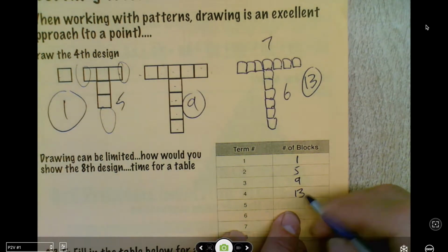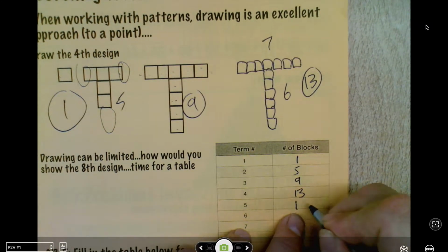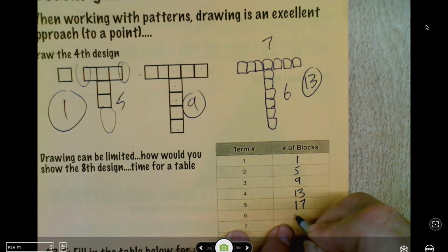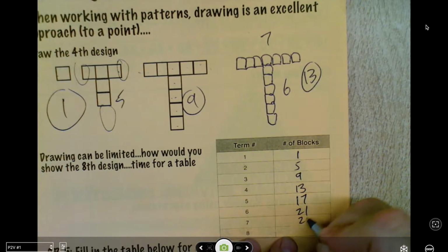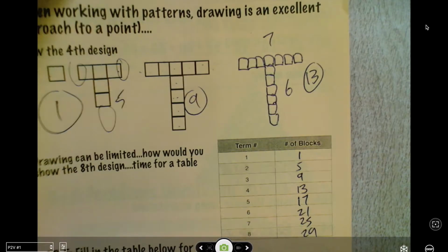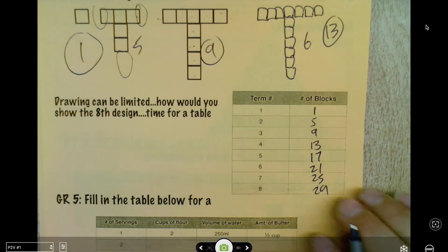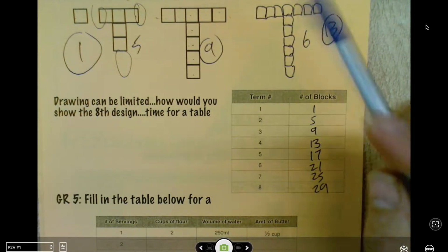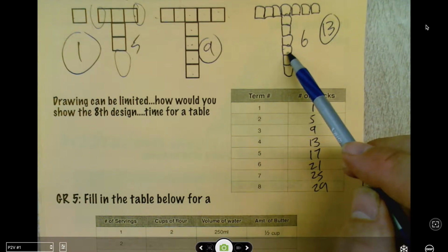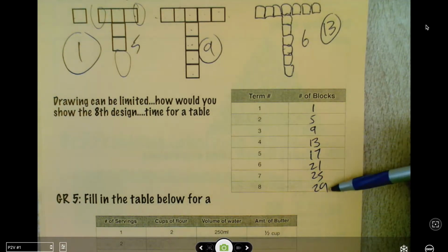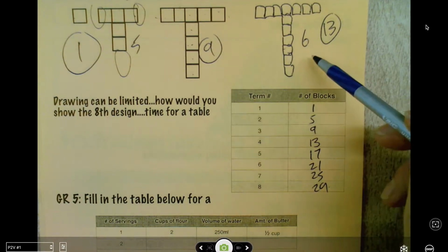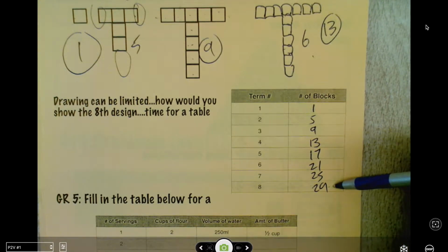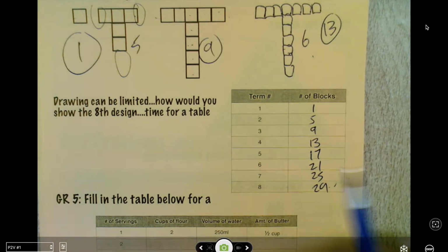So if I add 4 here, I'm going to get 17 and 21 and 25 and 29 if I've done that correctly. Okay? So drawing one more shape is okay, but when you have to do larger shapes, it's better to stop the drawing and turn it into a table, and the table kind of helps you out.